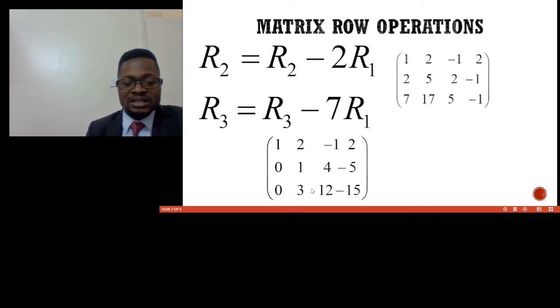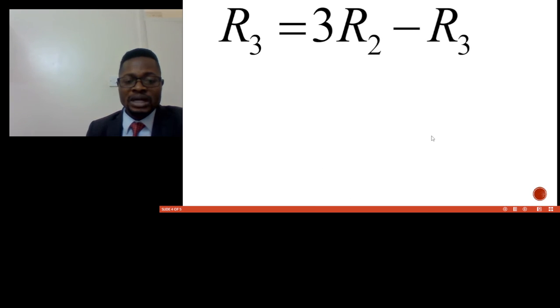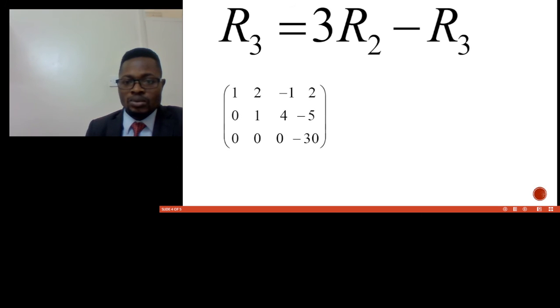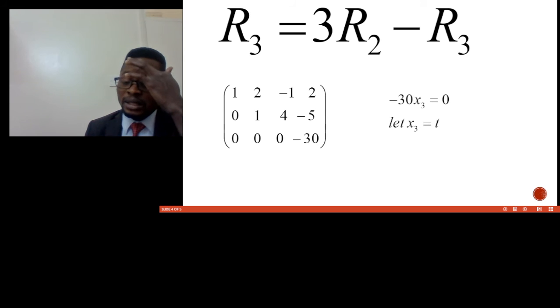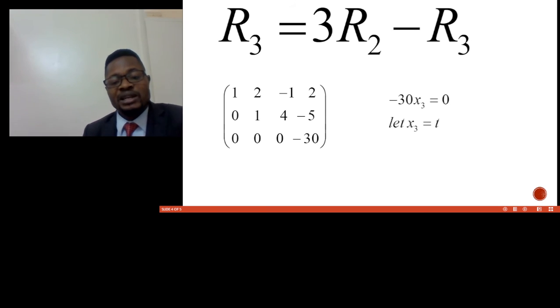So now the last thing to do here is to also change 3 to be 0. To do that, we will also work with row 3. So row 3 will be given by 3 row 2 minus row 3, and that will give us this new matrix. And this is what we got. Now, the purpose of solving this equation is to find the values of x1, x2, and x3.